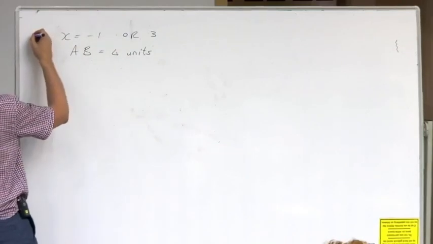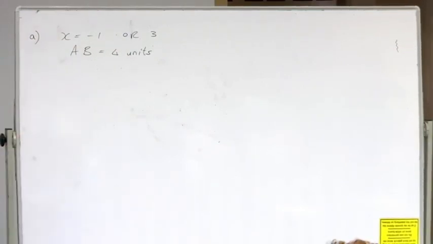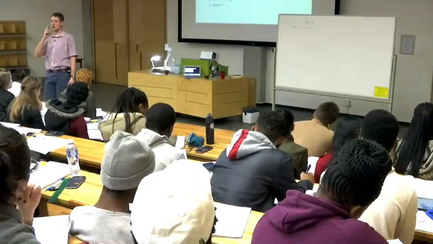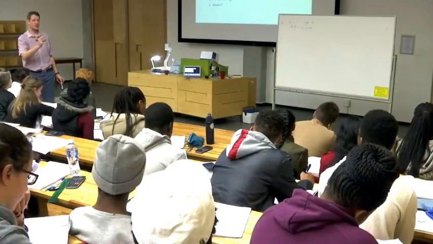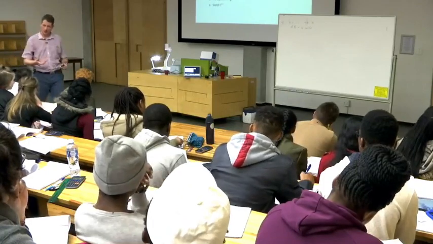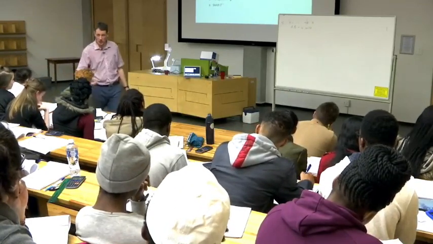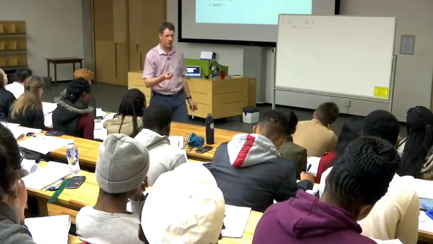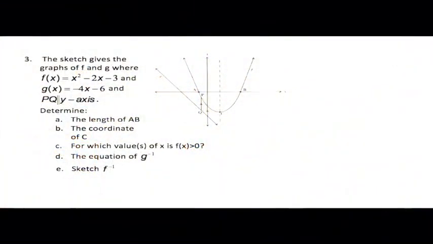Now, ladies and gents, when we look at the B part of the question, all of you should be able to do it in at least 2 different ways. Because if I look at the coordinate of C, what makes C so special? It is the turning point of the graph. How do I find the turning point?